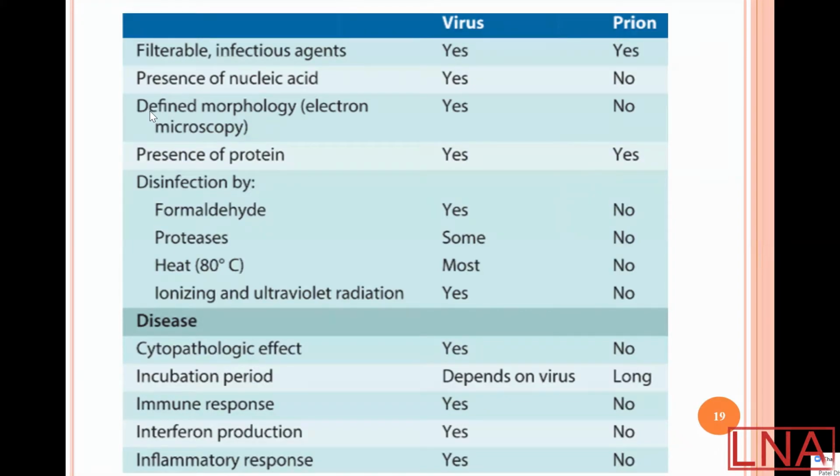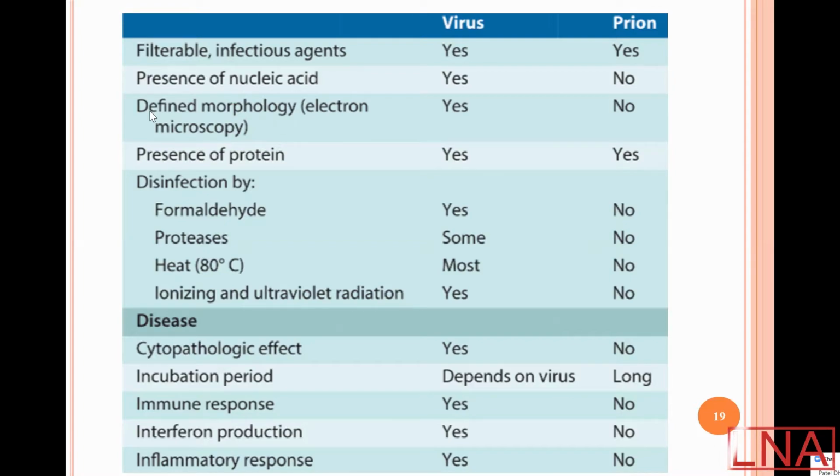So for the prion infection, there is no immune response at all. There is not even a cellular or humoral immune response. Also, there is no interferon production, and there is no inflammatory response. So our immune system is totally disabled here.